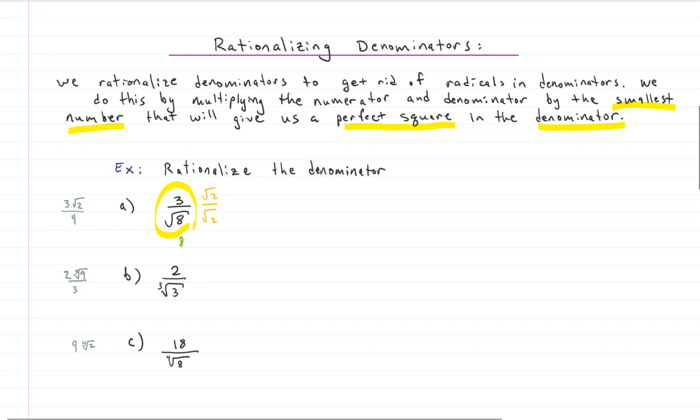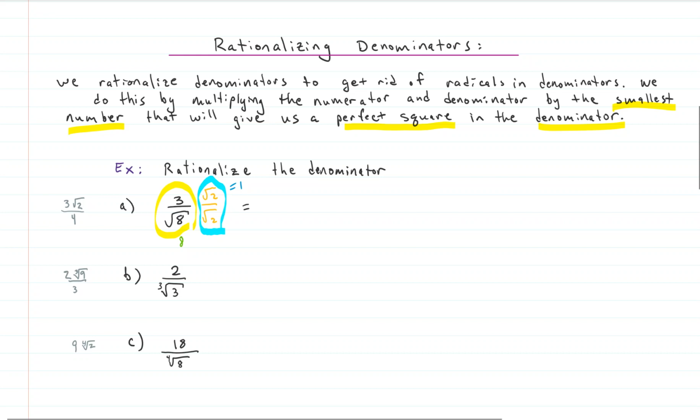We know that anything times 1 is itself. It doesn't change. So, what is root 2 over 2? It's the same thing as 1. That is exactly equal to 1. So we're just multiplying 3 over root 8 by 1. We're not changing the value, but as we'll see in a second, we're getting rid of the radical in the bottom. So let's keep going.